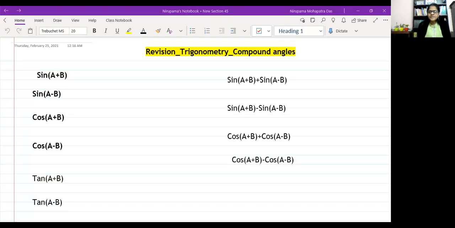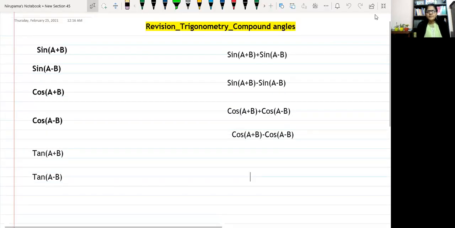Whenever we talk about compound angles, it's basically the involvement of more than one angle. Obviously we are not taking 3, 4, 5 angles, so we will be taking A plus B or A minus B. In compound angles, we are going to deal with trigonometric ratios of the sum and difference of two angles.